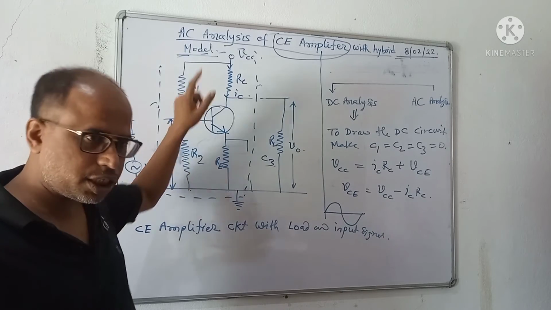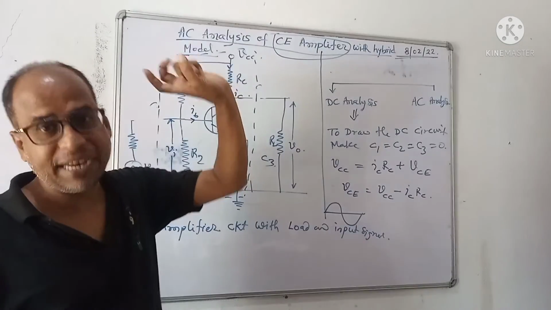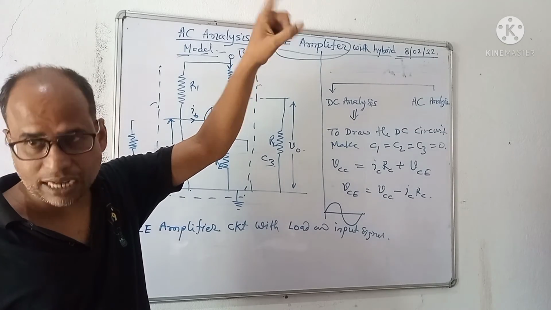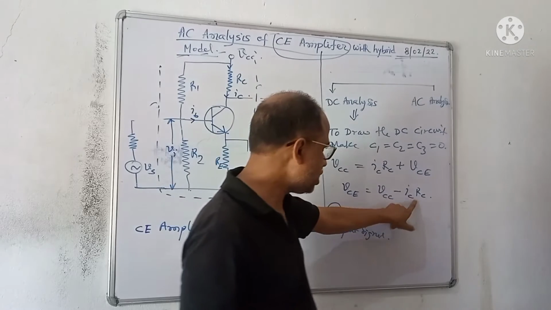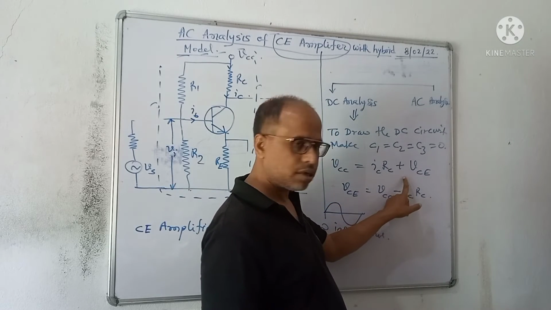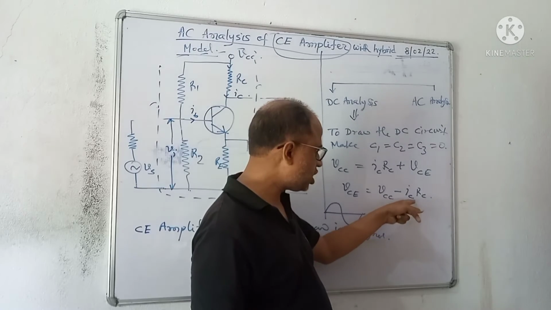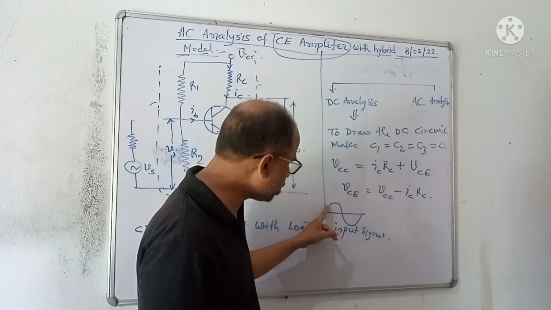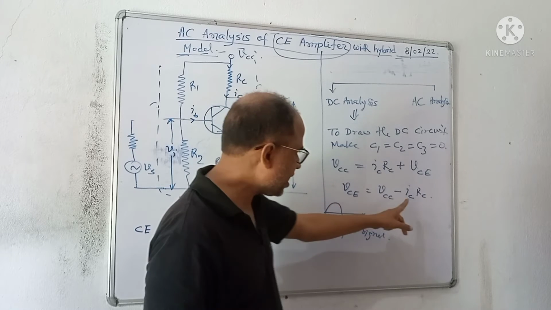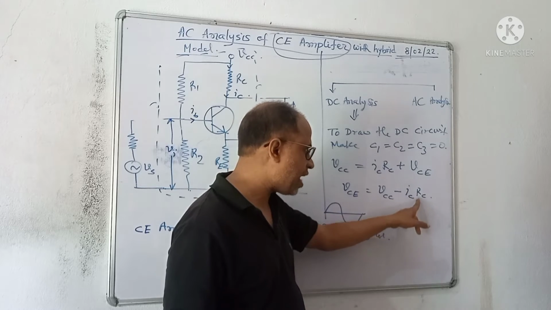If IB increases, IC will increase, because IC is beta times IB. Therefore, IC is large, VCC is small, so this is negative. If IB is positive, then IC is positive, but IC is large.